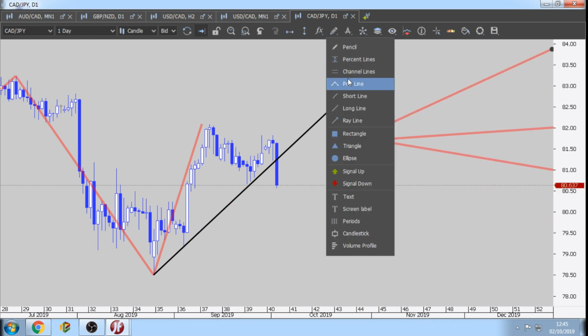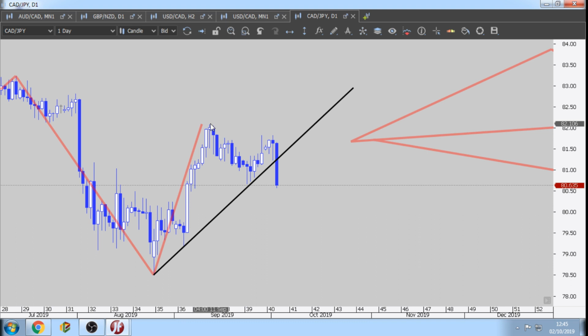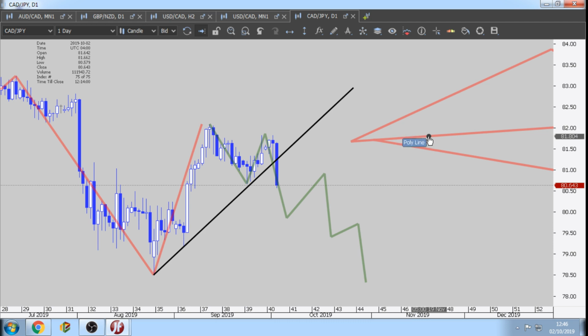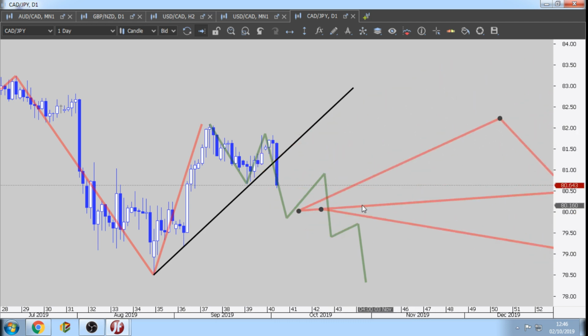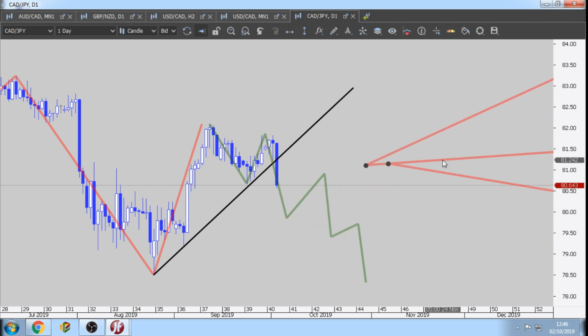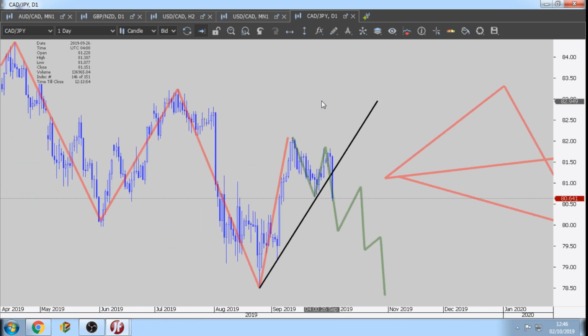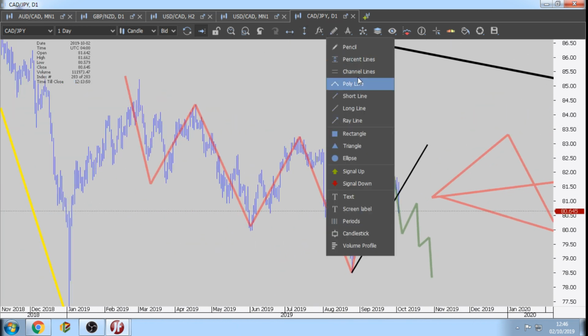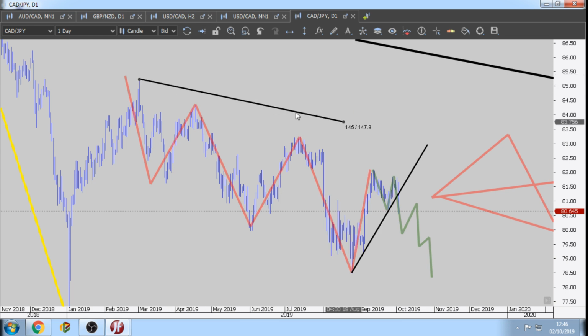So it looks like on the smaller scale it is going to make lower lows, lower highs, and possibly make a new extension. And of course, this is speculation right now. But again, you don't have anything to tell you otherwise. And if you want, you can draw a downtrend line.